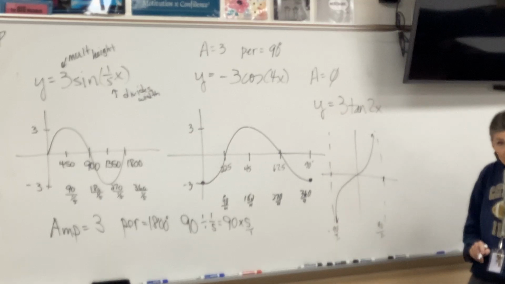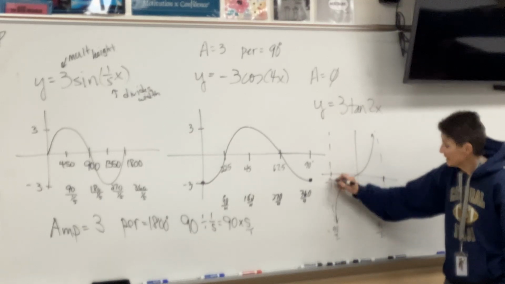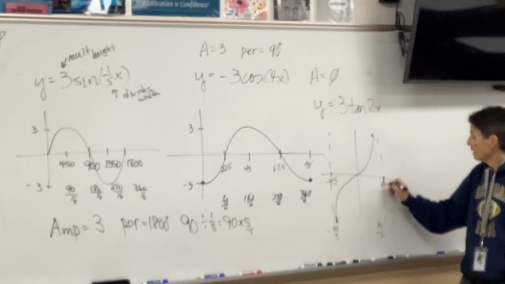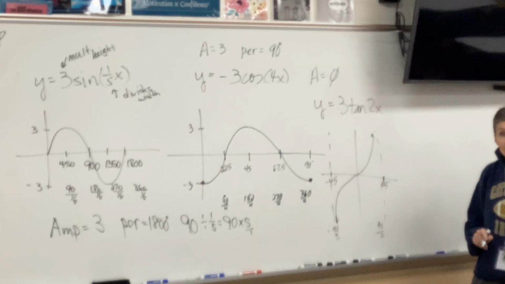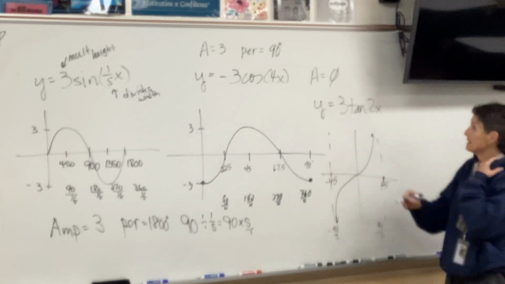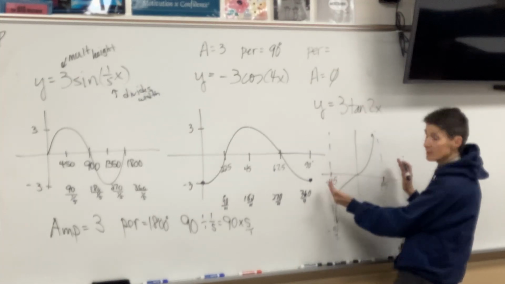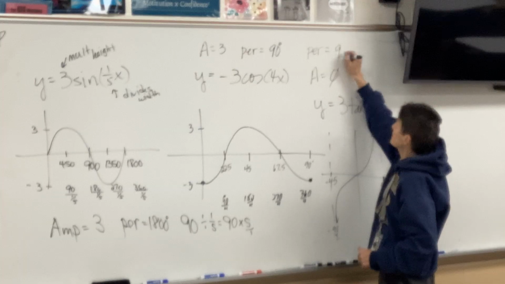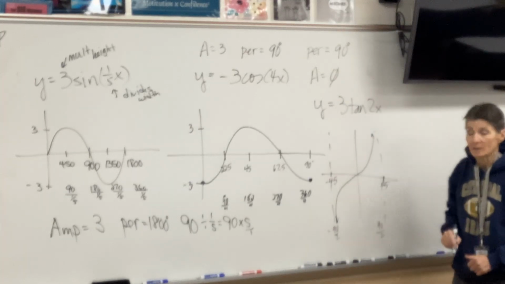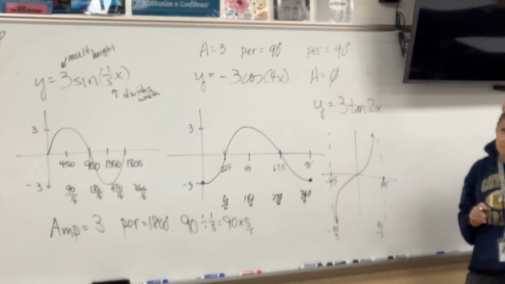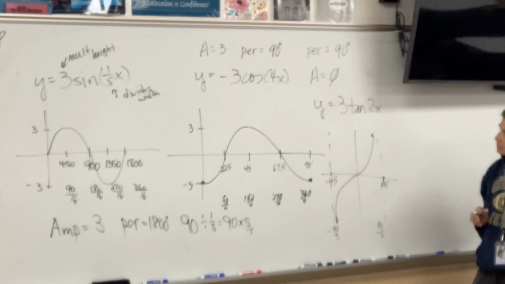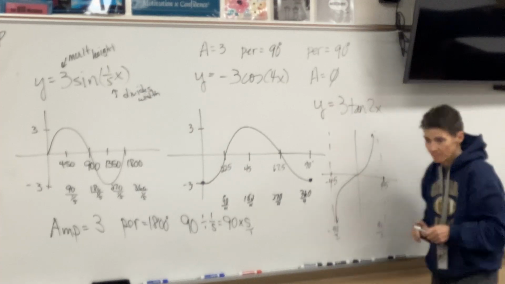So now my labels are at negative 45 and positive 45, which makes my period, be careful, start to finish, my period is 90 degrees. Start to finish. All right, there's the first one.